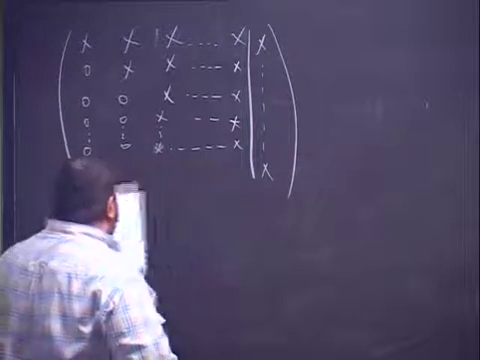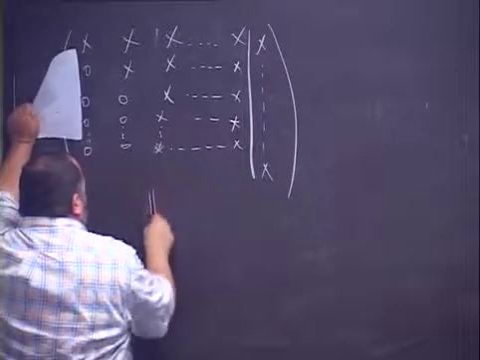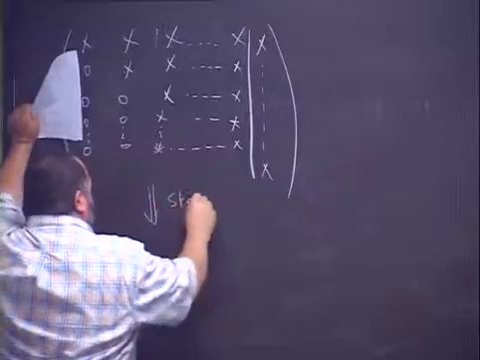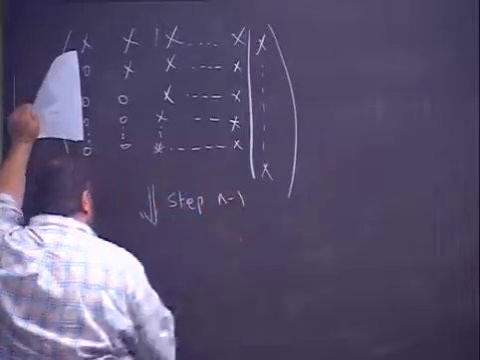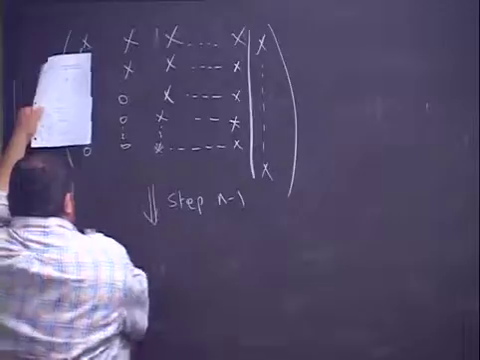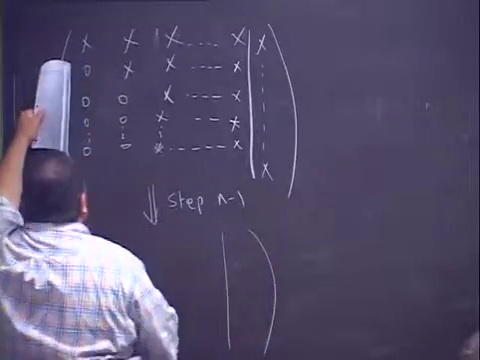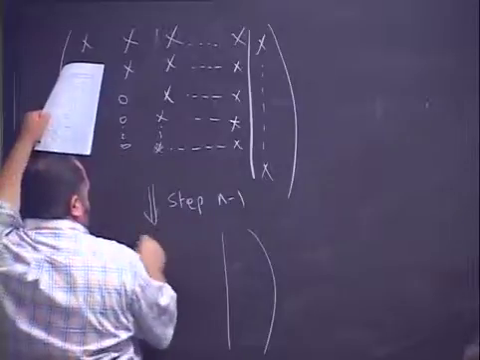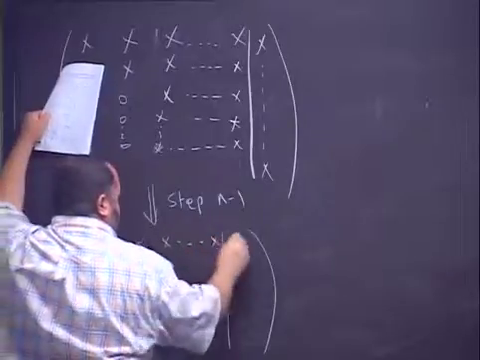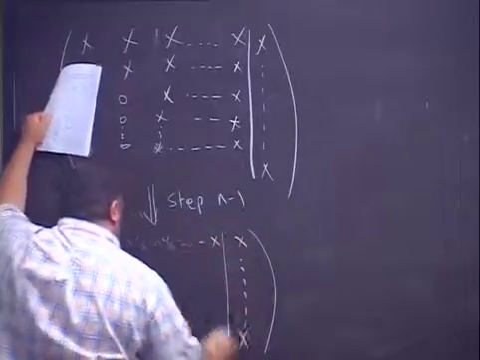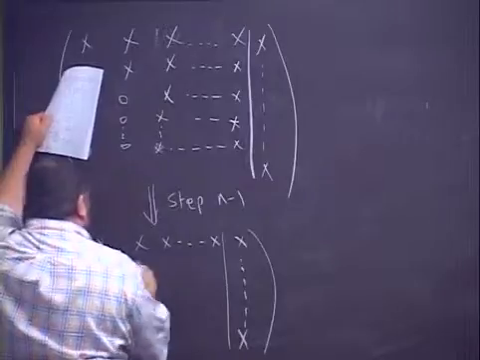So after n minus 1 steps, you will end up with the augmented matrix in a form like this.